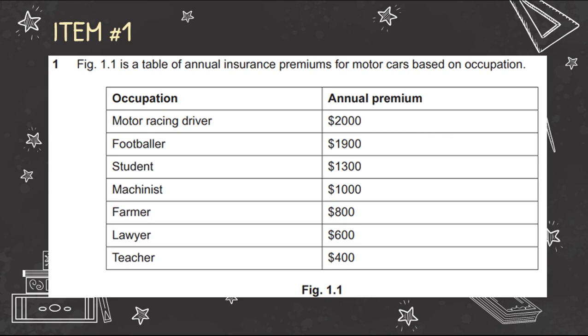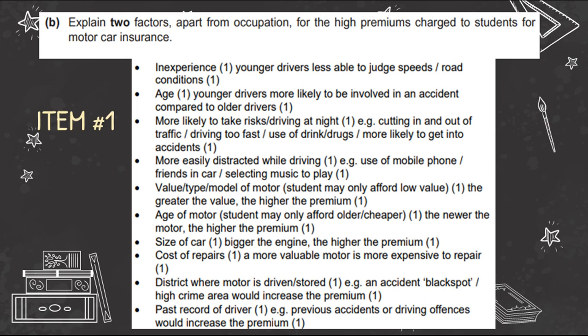As you can see in the figure 1.1, students' annual premium for motor cars is 1,300. So what is the reason behind it? Aside from the occupation, why do you think that there's a high premium charged to students for the motor car insurance?